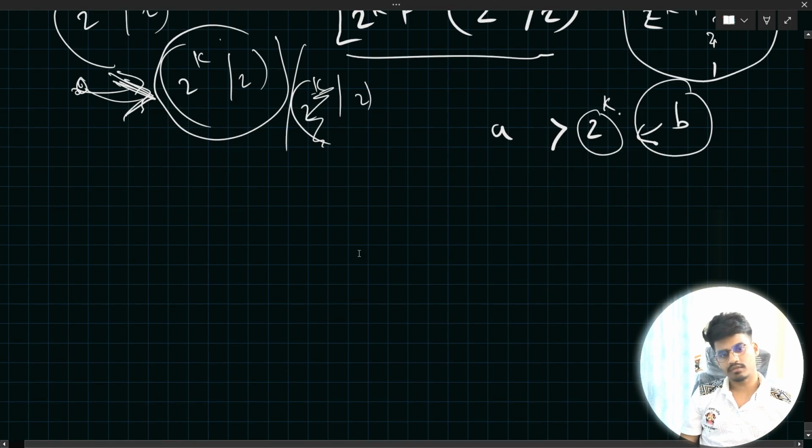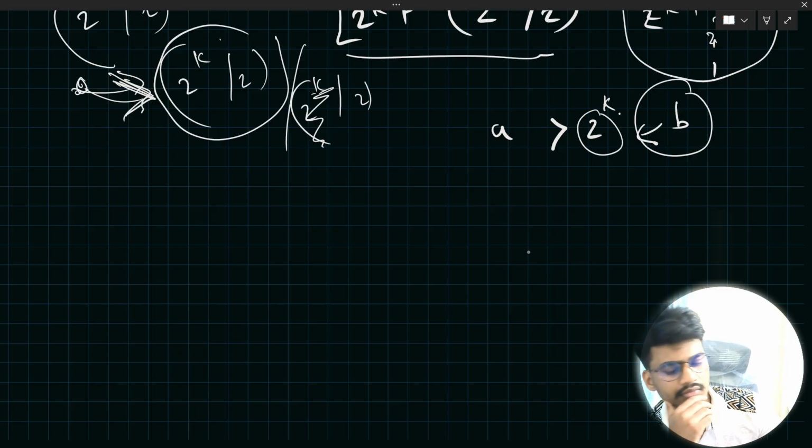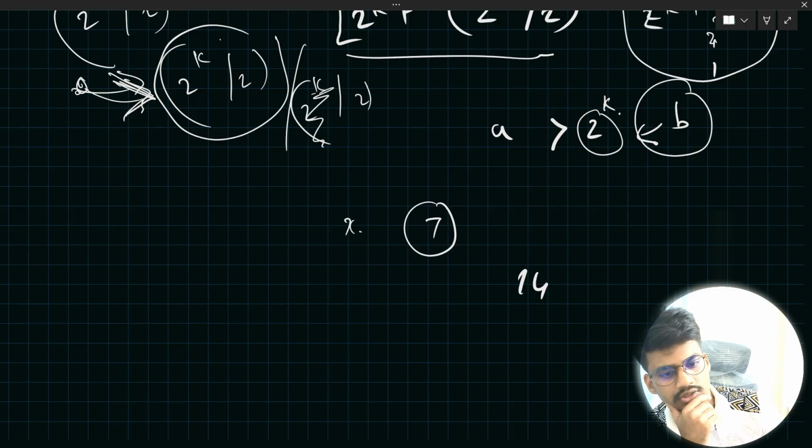But let's say if at any point a becomes 14, I have x as 7, then I'll do the half of this.